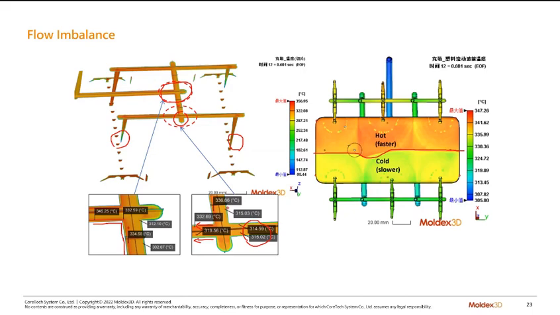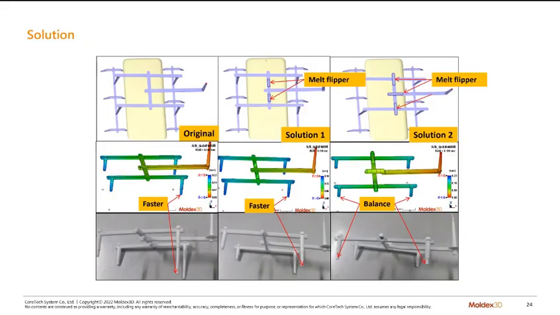issues. So now they found out that the problem is caused by the shear heating, so they use these melt flipper features or geometries to try to remove the uneven temperature issues. And they have two different designs.